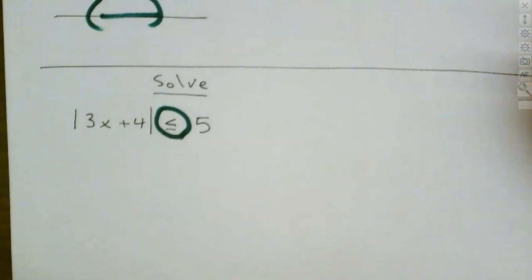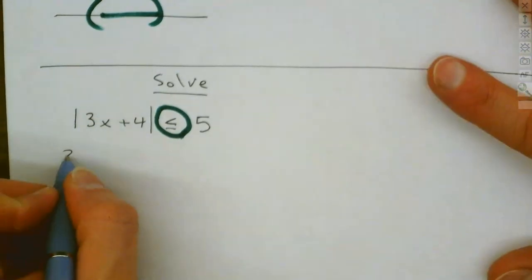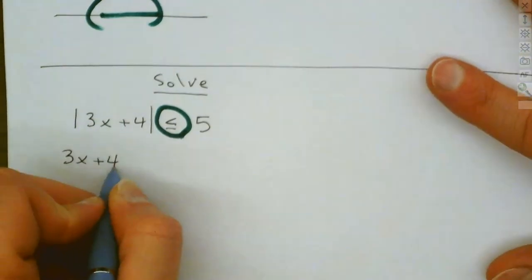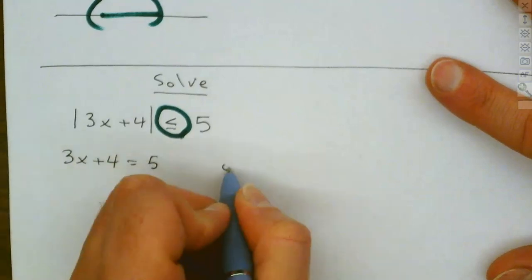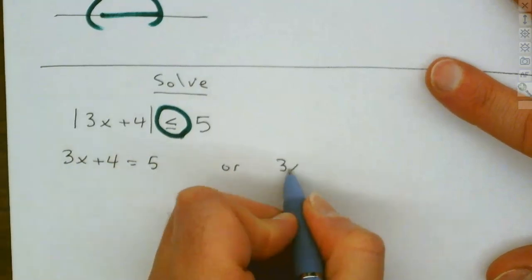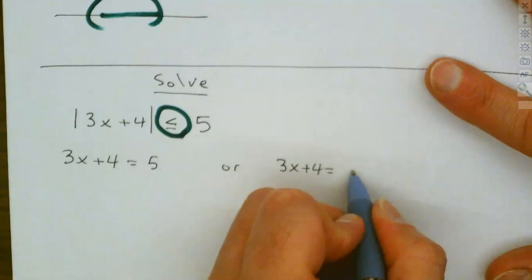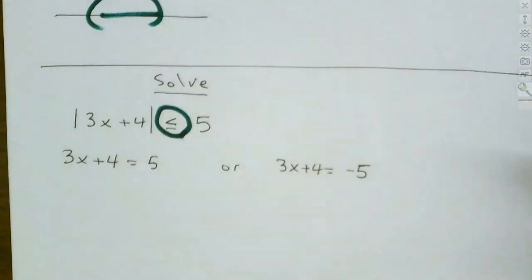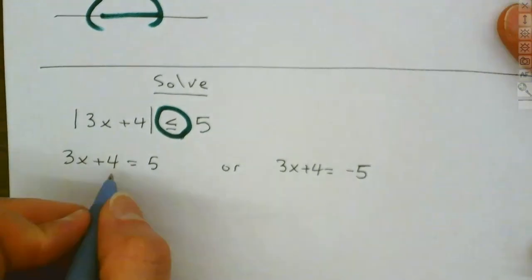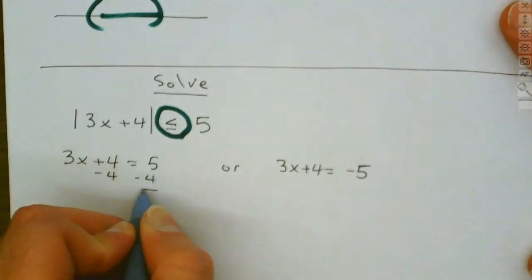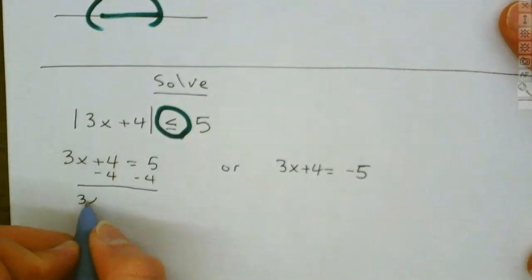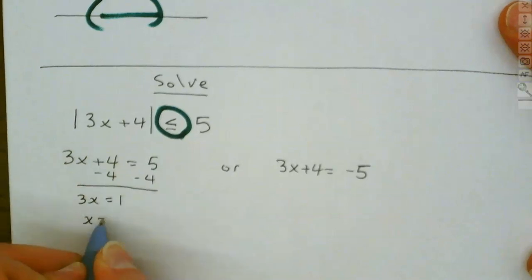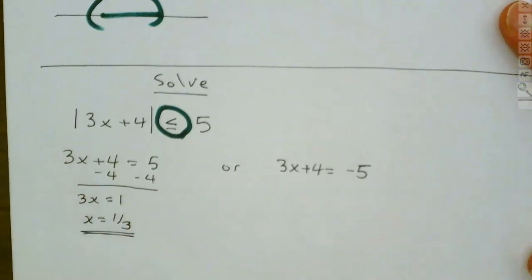So what do my two equations look like? Well, they look like 3x plus 4 equals 5, or 3x plus 4 equals a negative 5. We should have no trouble solving this. So let's just quickly work through this. 3x equals 1, so x equals 1/3 there.